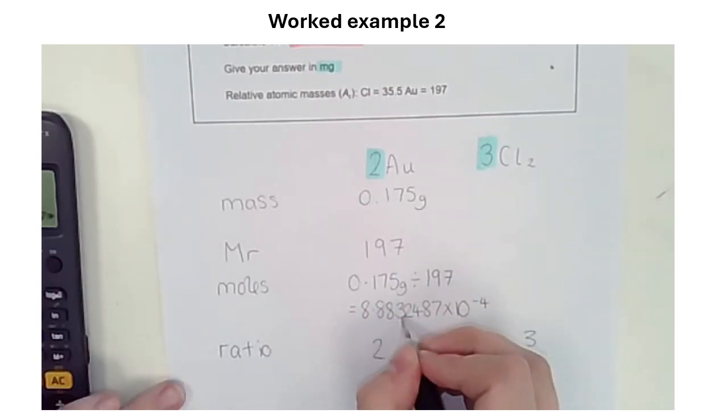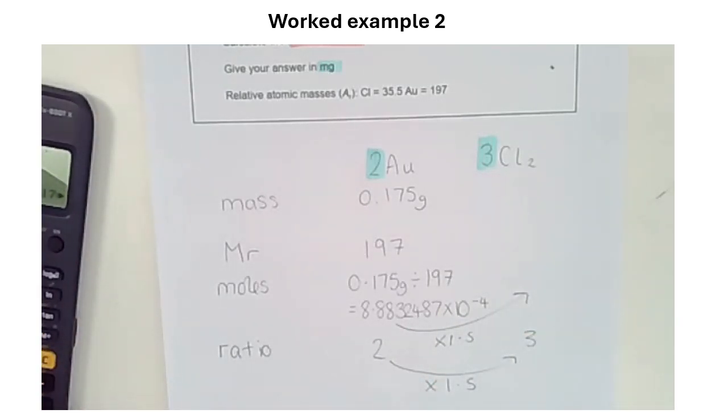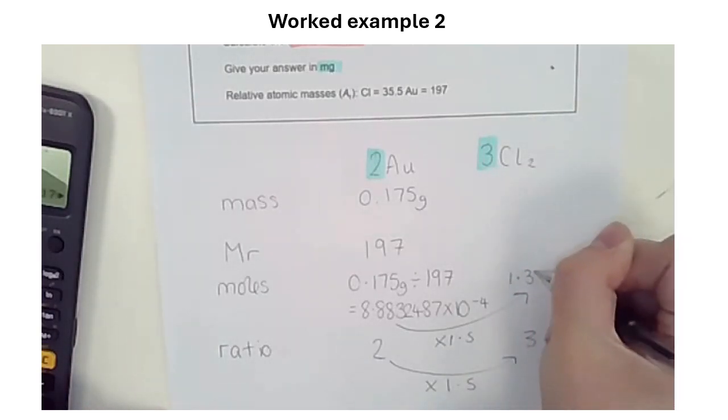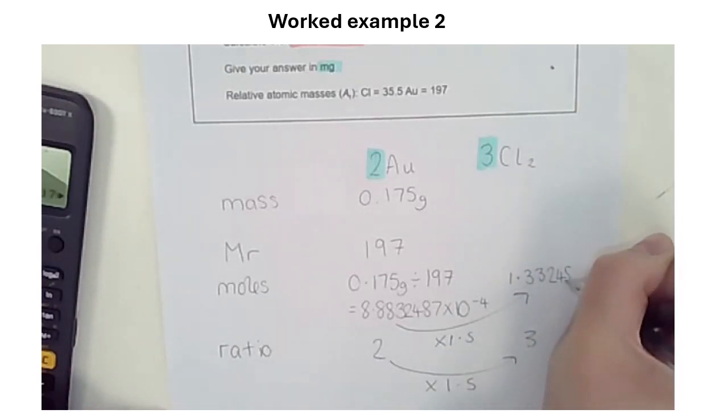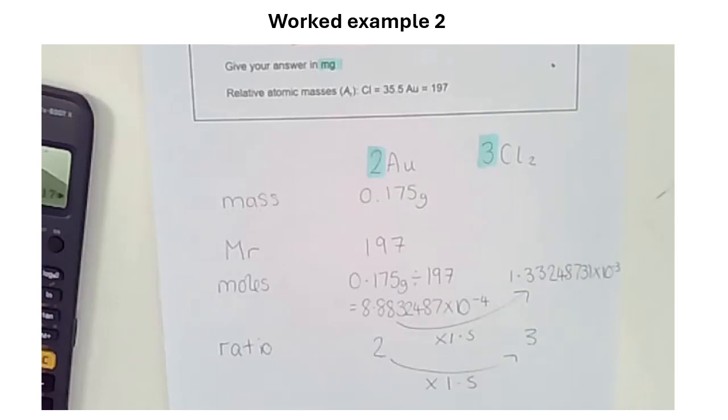So I am going to do the same here for my moles. I'm going to multiply by 1.5. I'm going to put that into my calculator, and that gives me a value of 1.3324871 times 10 to the minus 3. Again, I am just copying exactly what is in my calculator.